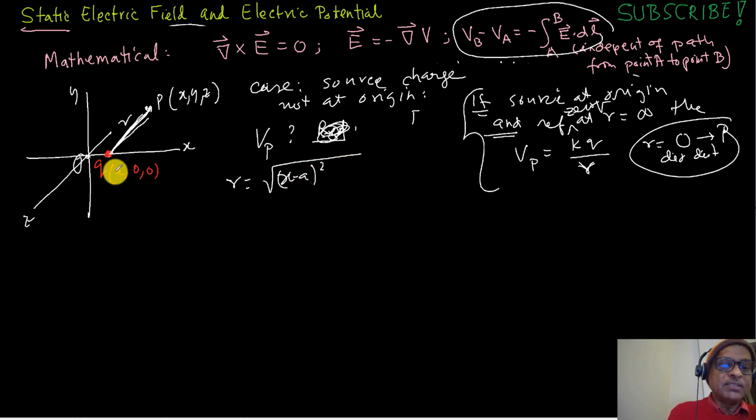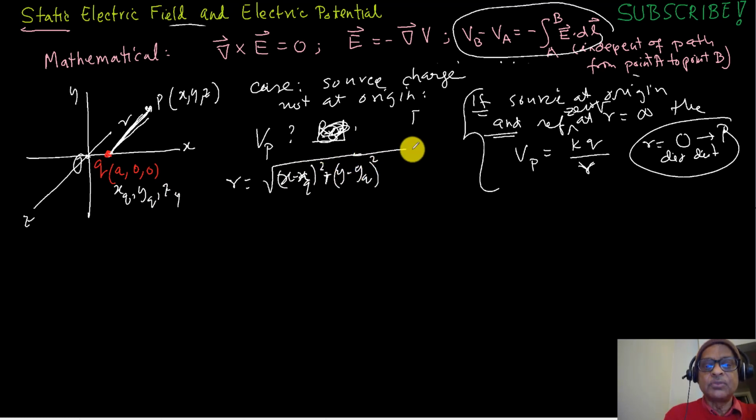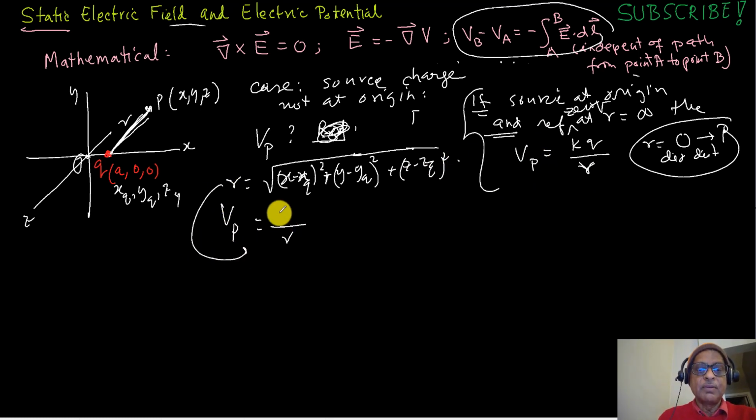We might just call the charge position xq, yq, zq. So it's the square root of x minus xq squared, plus y minus yq squared, plus z minus zq squared, and just copy this formula. So V at P here is kq with this r.